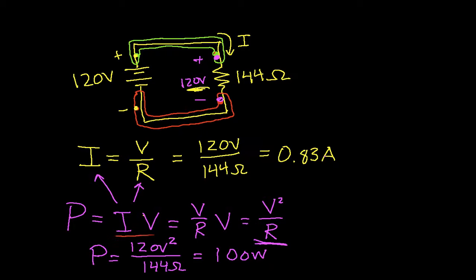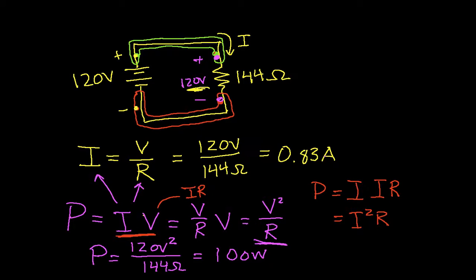I do that by starting with this expression, and rather than substituting in V over R for I, I can substitute in for V, I times R. So I have power is I times V, but for a resistor, V is I times R. So the power is I squared R.